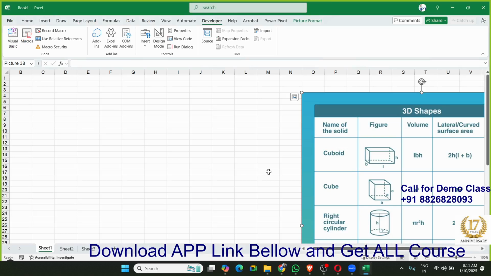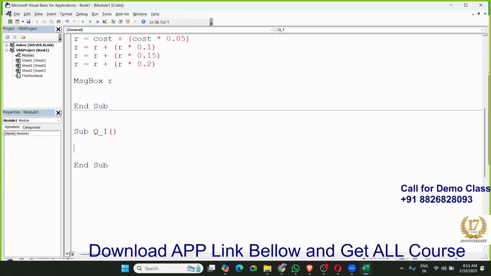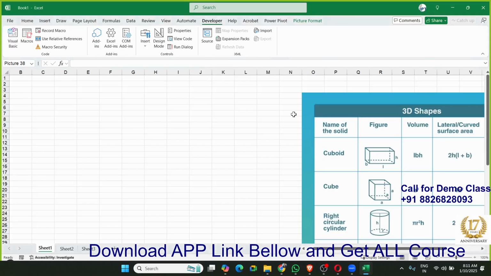So for LBH we define Dim L, B, H as Long. You can also input the values or assign them: L equals 20, H equals 60 and B equals 50. Now we need to calculate the volume.